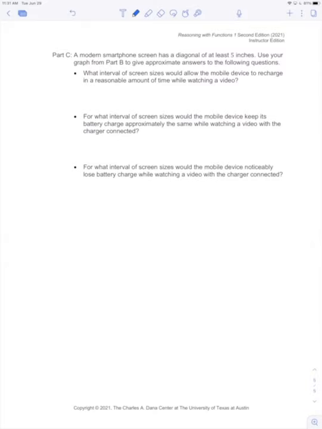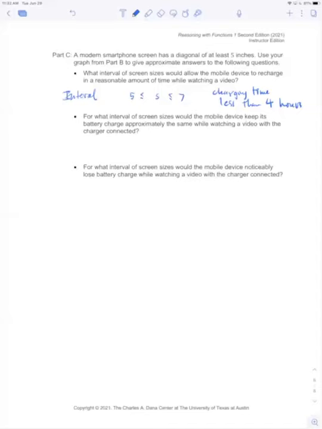Well, the interval for S is between 5 and 7. That would allow a charging time that's less than 4 hours.